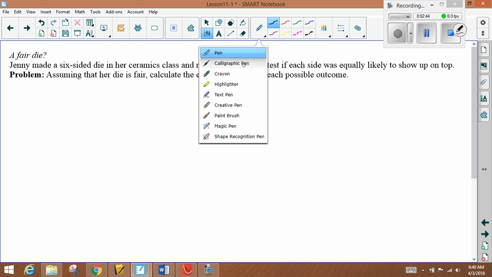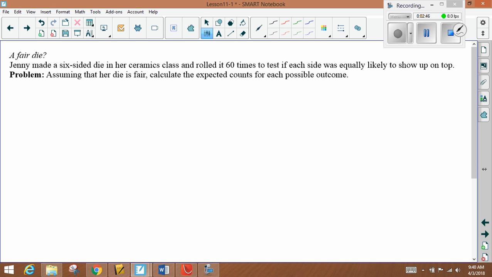Alright, so if the die is fair, what should our expected counts be for each outcome? So she rolled it 60 times, right? We're looking for an expected value, essentially. All right.